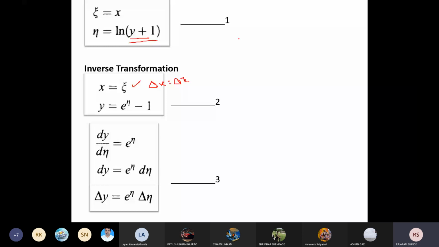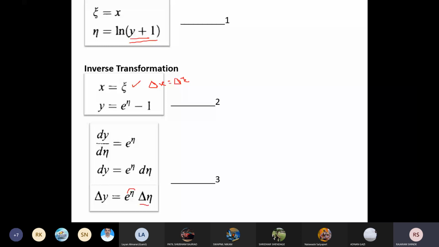Now, in this equation, when we move away from the plane, eta increases, and when eta increases, delta y becomes progressively larger. Why? Because if we keep delta eta constant, and we increase eta, this term is going to increase.